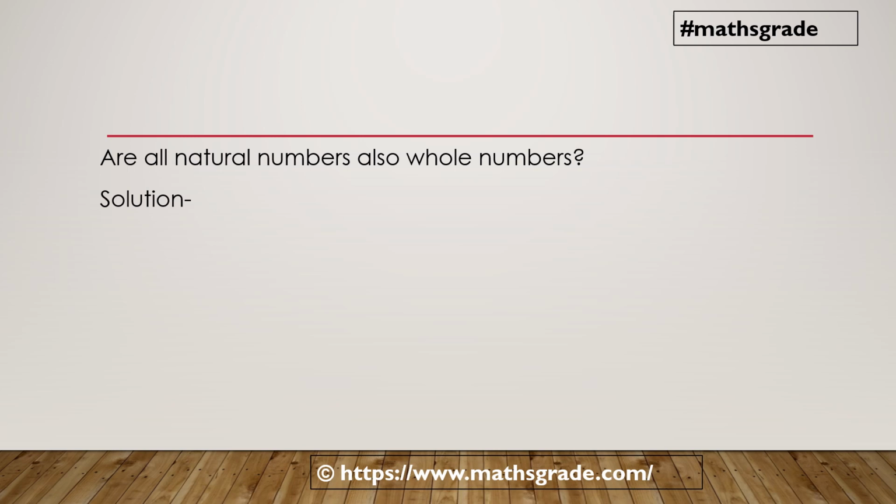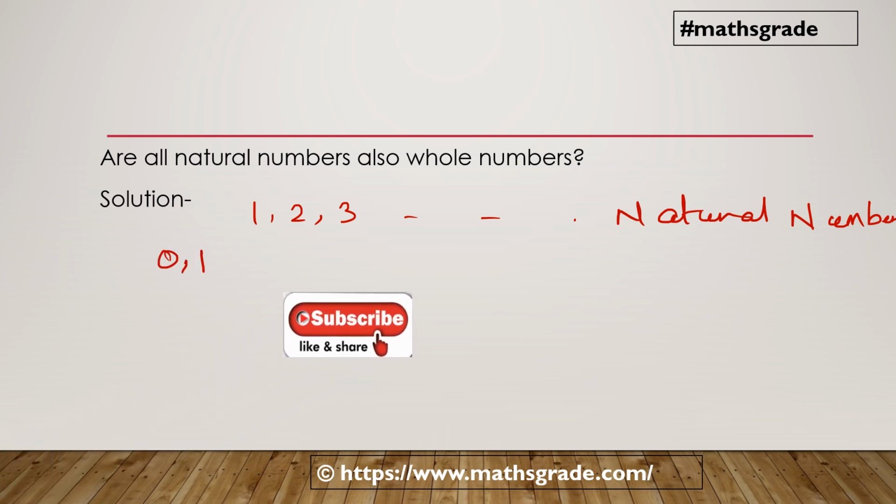Now the question is, are all natural numbers also whole numbers? Natural numbers are counting numbers which start with the number 1. These are natural numbers. And whole numbers start with 0.